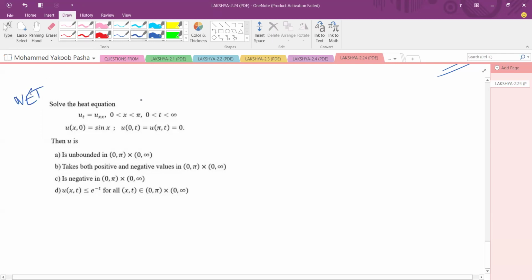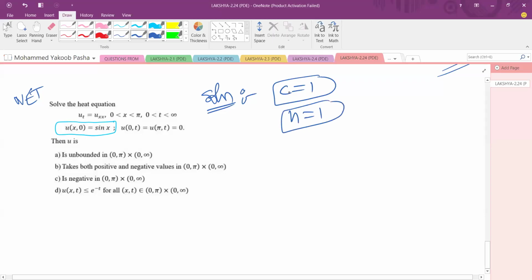We have the initial condition u of x comma 0 is equal to sin x. We can observe, first I am writing the c value. What is my c here? c is equal to 1. And u of x comma 0 is equal to sin x, so n is equal to 1. We have the n value and c value.